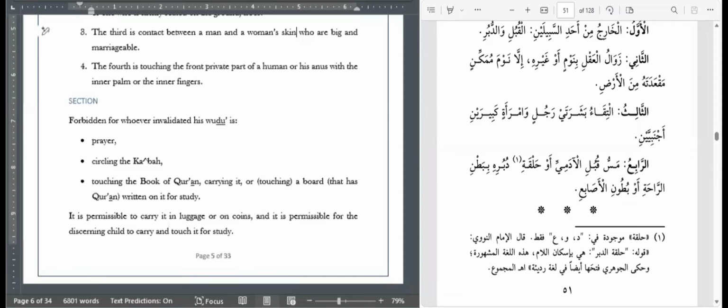And marriageable, before that. So what's not skin? Hair is not skin. Teeth is not skin. Nails are not skin. So touching the hair or the teeth or the nails does not break the wudu. But if that one is not your spouse, if that's a marriageable one who's not a spouse, then still touching it is haram.